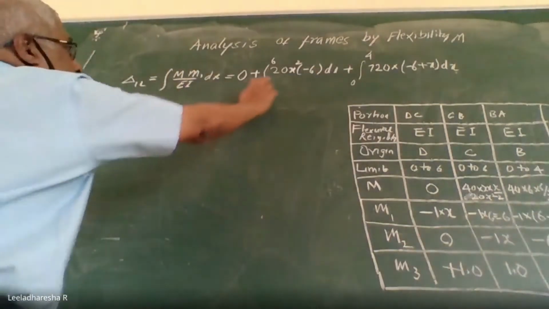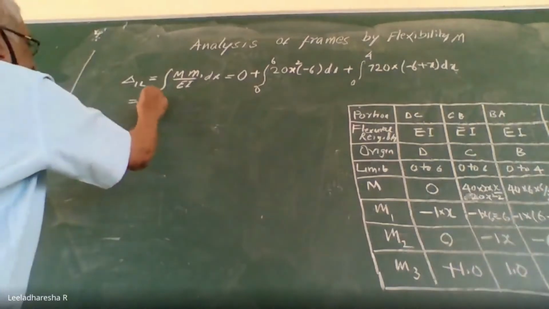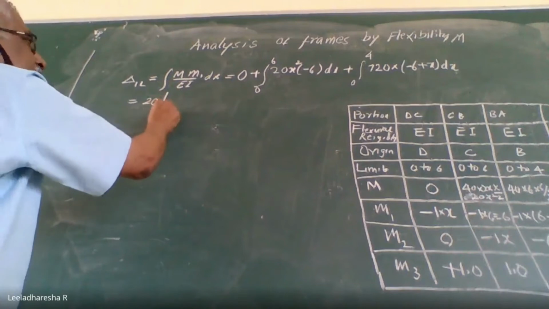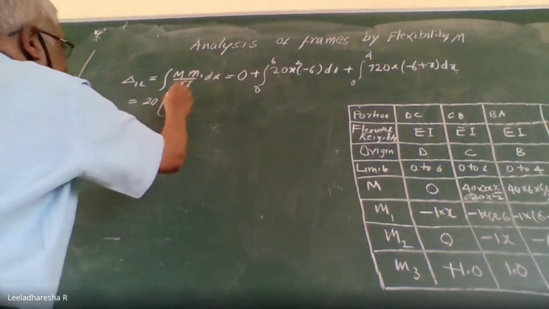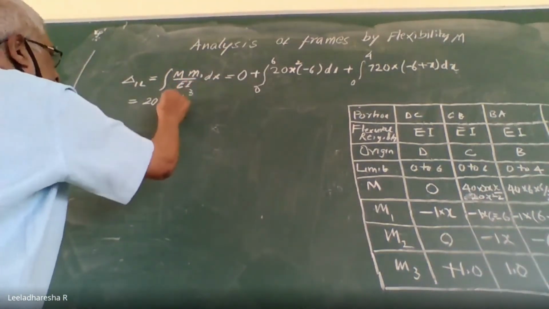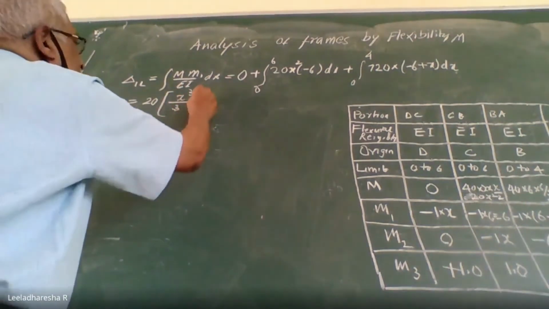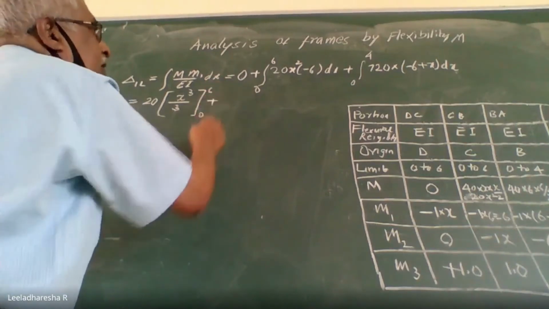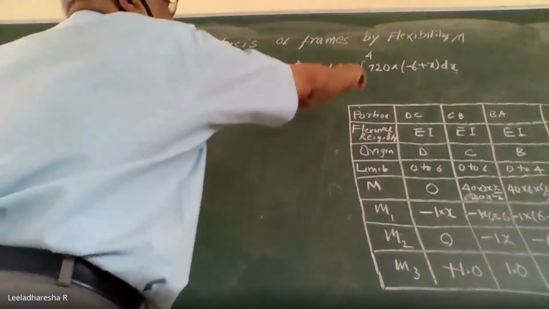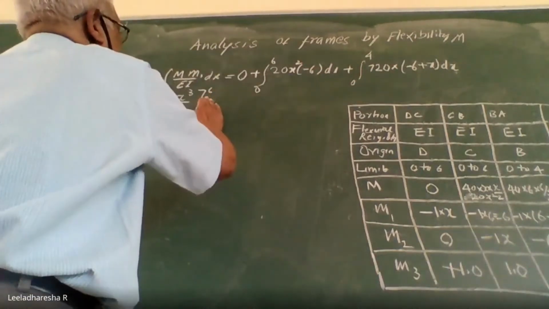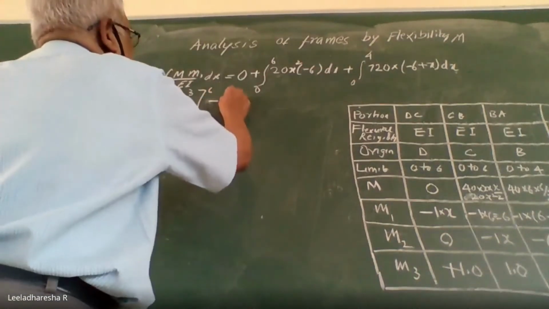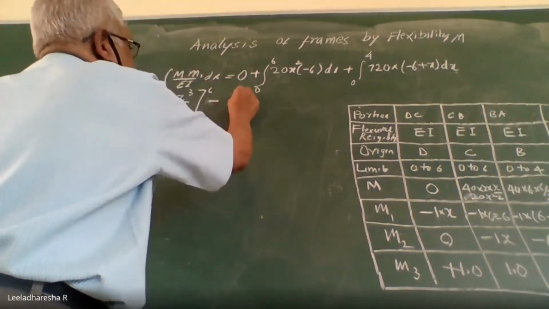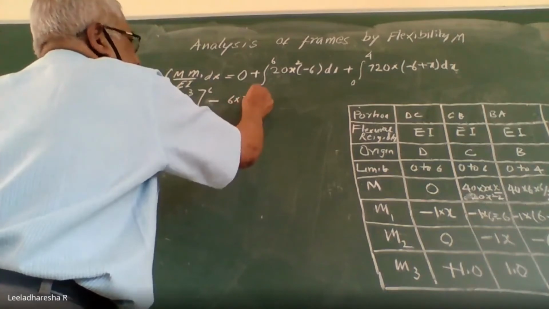Now integrate 20, you can bring it outside because it is a common constant. Between the limits, integration of x square is x cube divided by 3, between the limits 0 to 6, plus 720. You can split that into 2. So the first one will become 6 into 720.